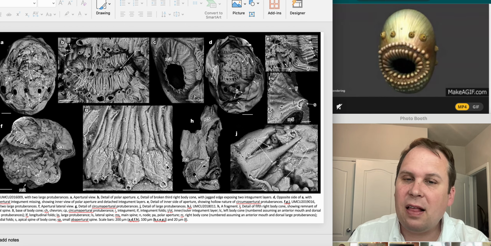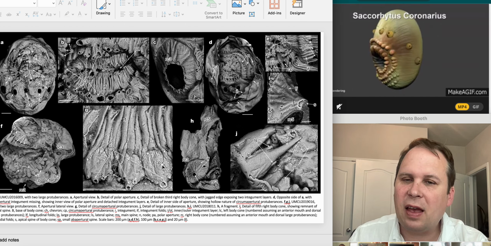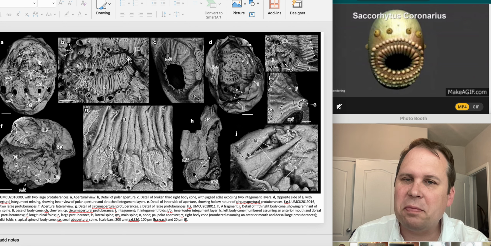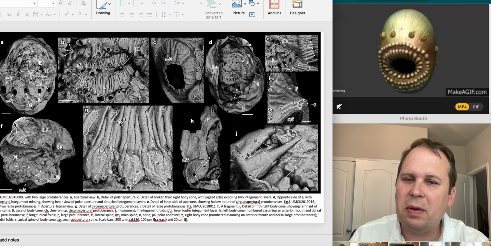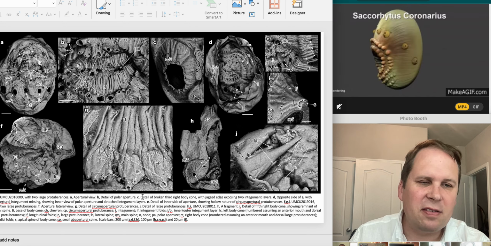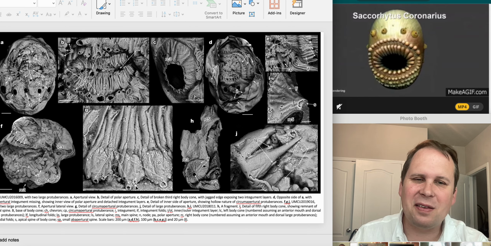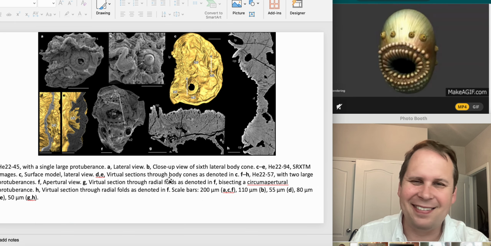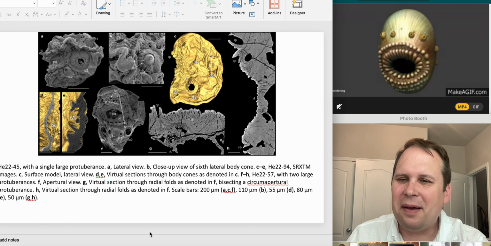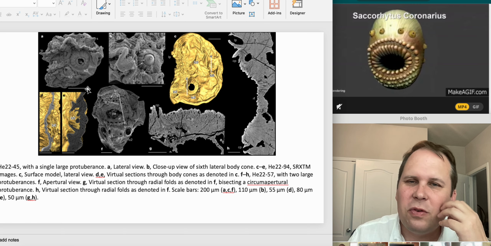These are the little mouth-like structures that occur around this presumed mouth, this opening. I think they do still agree on that. And they had little prongs on them as well. So fantastic. Here is a lateral protuberance.